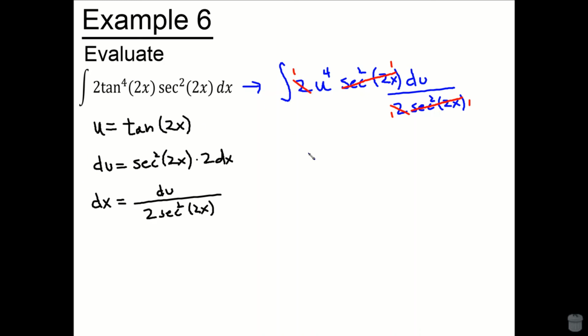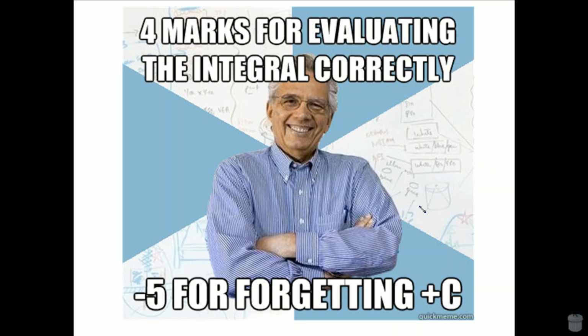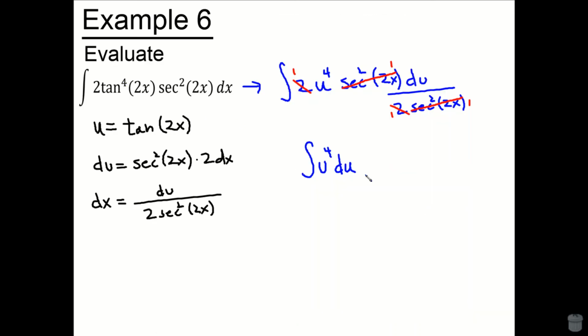And I end up with the integral of u to the 4th power du. So it ends up being the last part of what the other one had. I won't finish this up because it ends up being the other step that we previously had. If I go a couple slides back, it ends up being right here, just that instead of v, now it's a u over here.